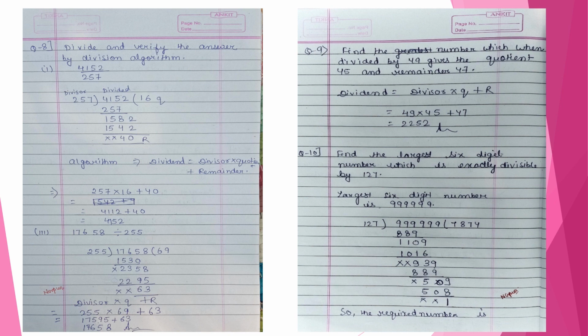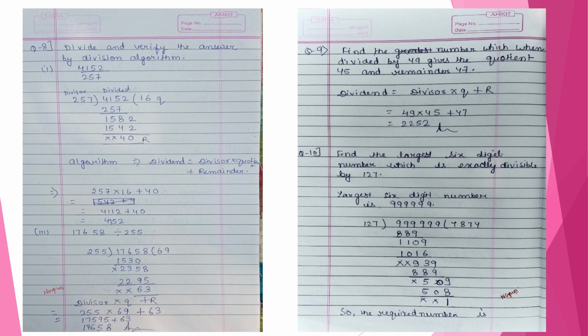So to solve this problem, first of all we have to write down the largest 6-digit number, which we will write down in the following manner: 999,999. Now this number will be divided by 127. So as you can see, after division we are getting a quotient of 7,874 and the remainder comes to be 1.